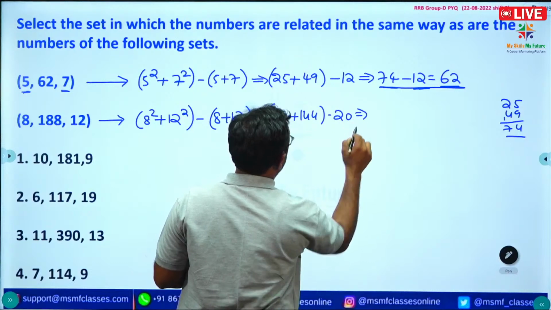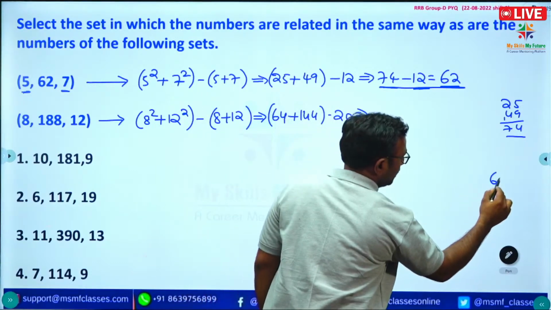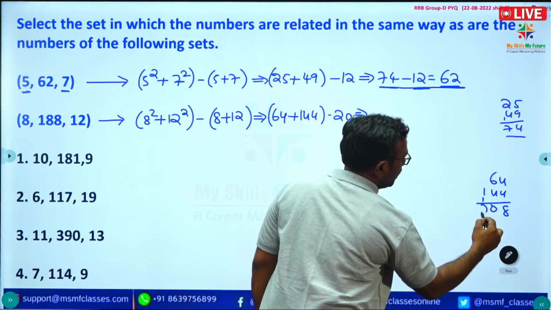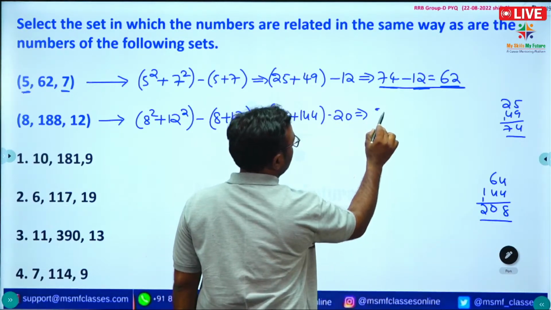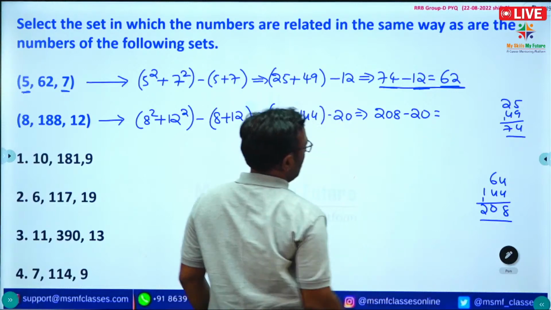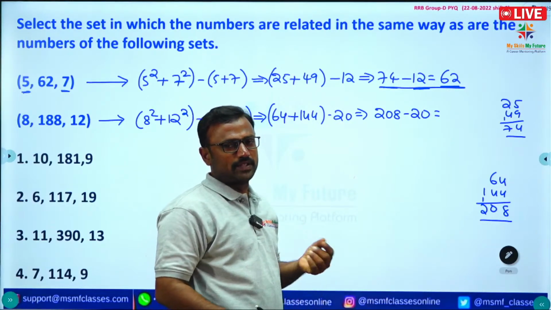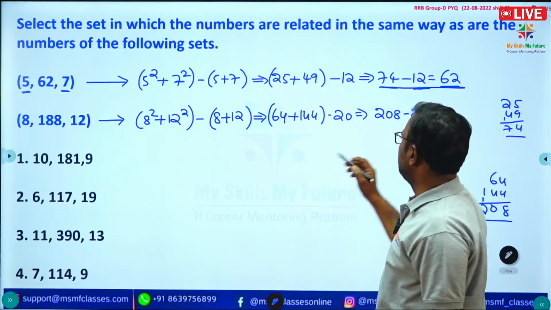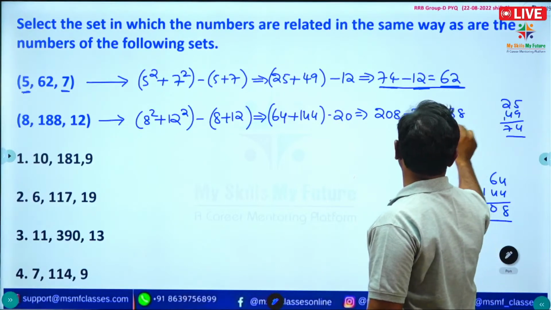Okay, right. So 64 plus 144 is 208, minus 20. 208 minus 20, so we get 188.